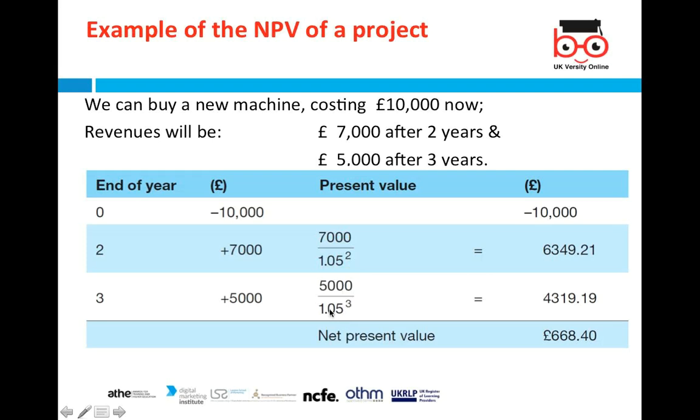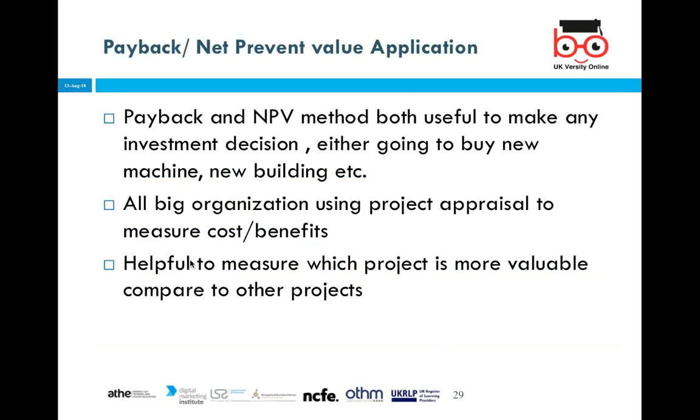That's the discounting factor for the second year and third year, and the calculation will be like this. The total revenues will be 668 on the basis of the second and third year. So this is a typical example of the NPV of a project.